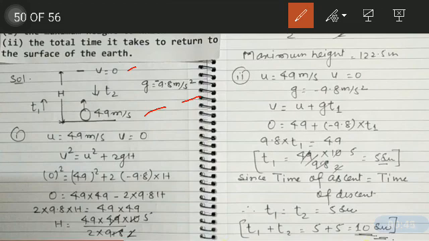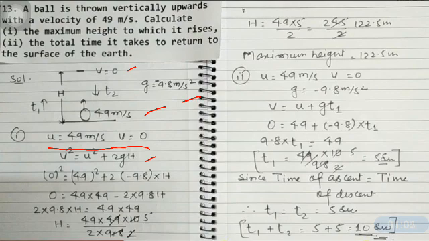So we have all these values with us and we are going to use the third equation of motion, v square equals to u square plus 2gh. Since this is an upward movement, acceleration due to gravity will be negative. Placing all the values and after doing the calculation, the height came out to be 122.5 meters. So this is the maximum height which will be achieved by the ball.